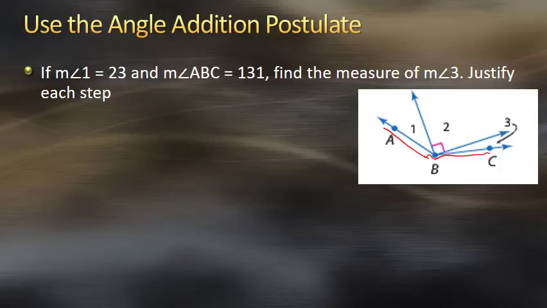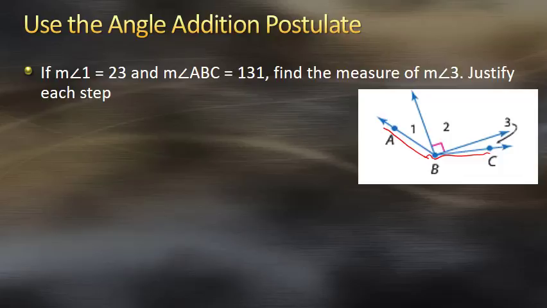And if we were to take the measures of angle 1 and angle 2 and angle 3 and add those together, according to the angle addition postulate, they are going to equal the measure of angle ABC, the larger angle. The interior angles added together must equal the measure of the larger angle.